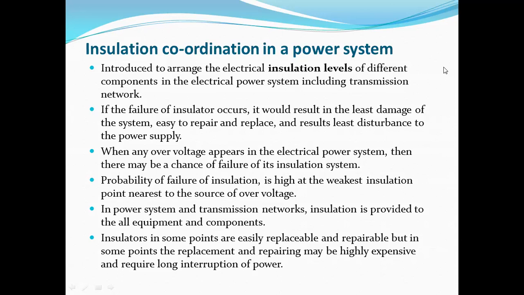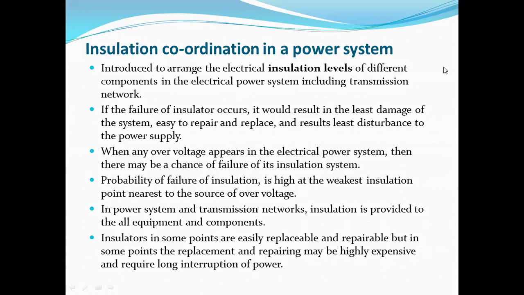So in power systems and transmission networks, insulation is provided to all equipment and components, right? Insulators at some points are easily replaceable and repairable, but at some points the replacement and repairing may be highly expensive and require a long interruption of power.